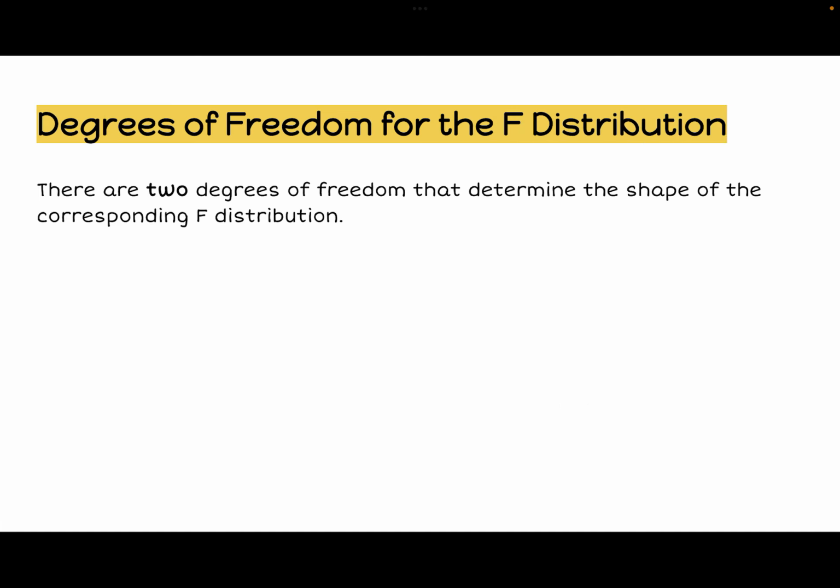There are 2 different degrees of freedom that determine the shape of the F distribution. The first one is called df numerator, the degrees of freedom for the numerator. And it's equal to k minus 1, where k is the number of samples or the number of means that we're comparing. So if I'm comparing 3 means, 3 minus 1 is 2. The degrees of freedom for the numerator is 2.